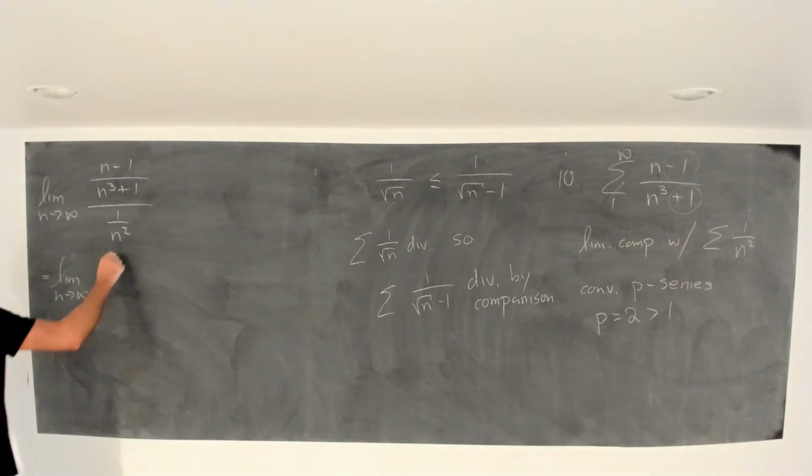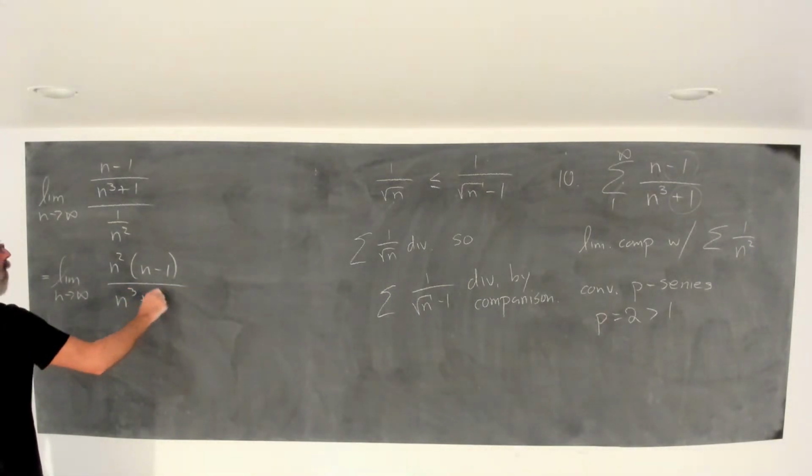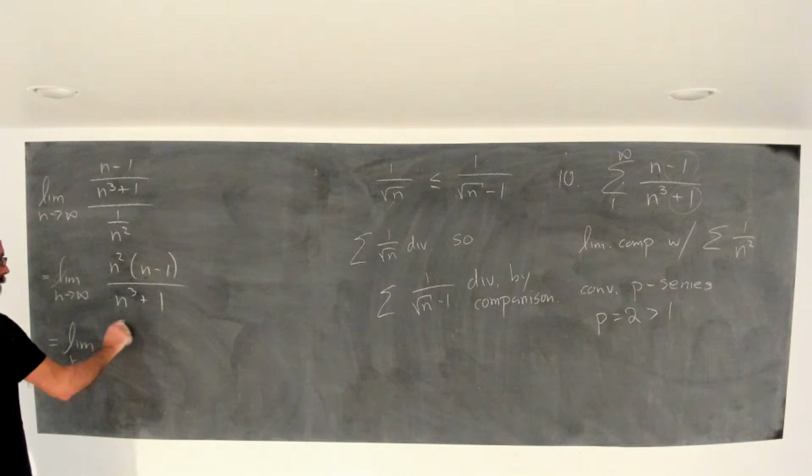Flip it. You've got infinity over infinity. You can do L'Hopital's rule, or let's factor out an n from here and an n cubed from there. Either way, it'll give you the same answer.